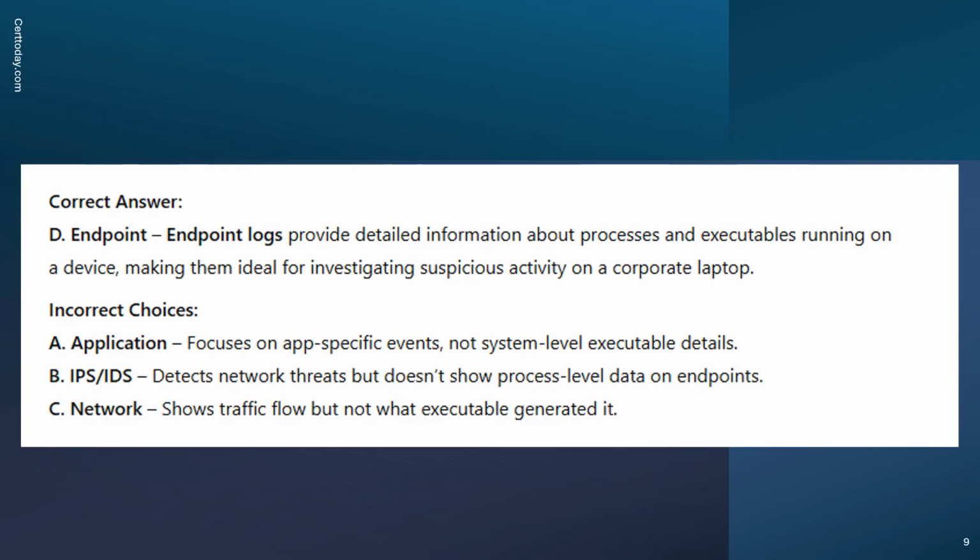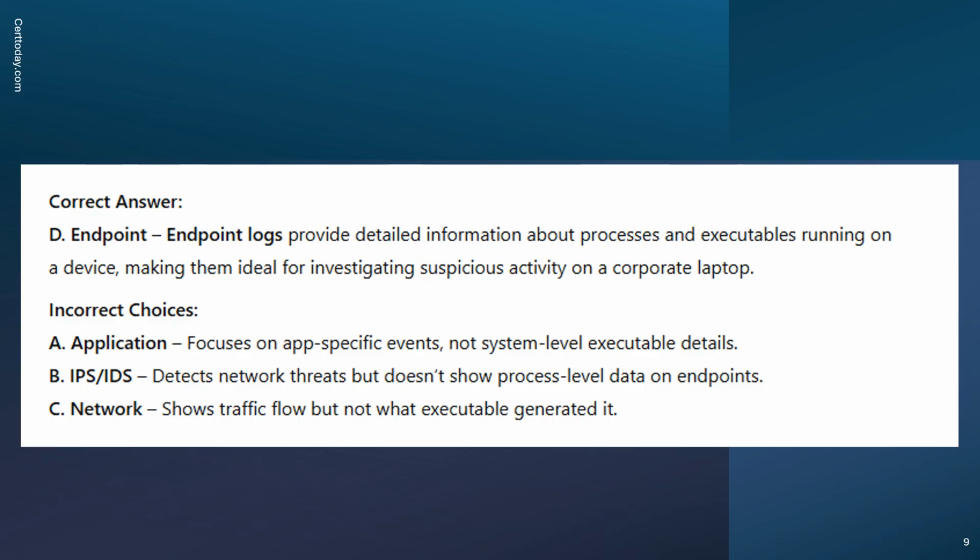The correct answer is D, endpoint. Endpoint logs provide detailed information about processes and executables running on a device, making them ideal for investigating suspicious activity on a corporate laptop. A is incorrect because application focuses on app-specific events, not system-level executable details.